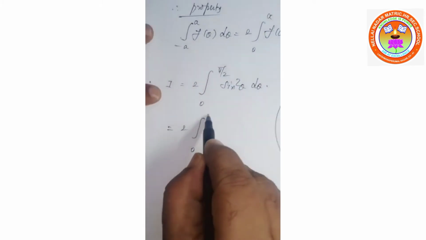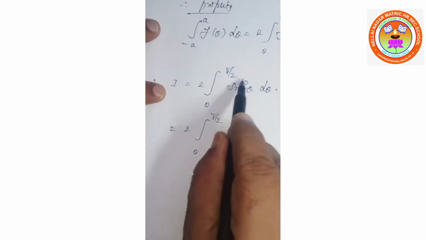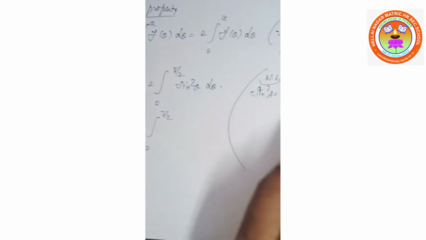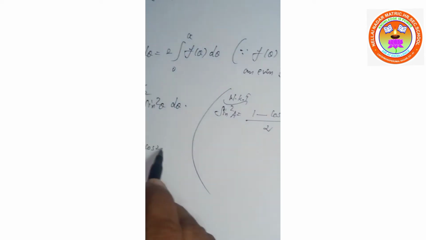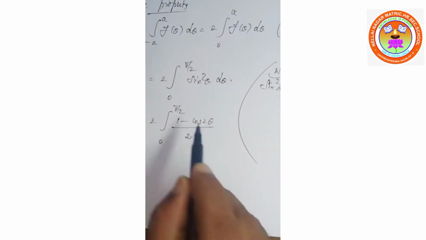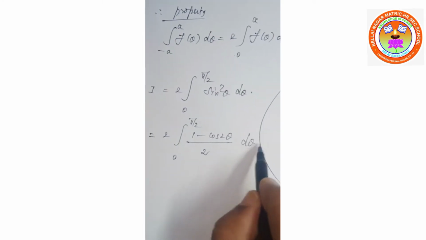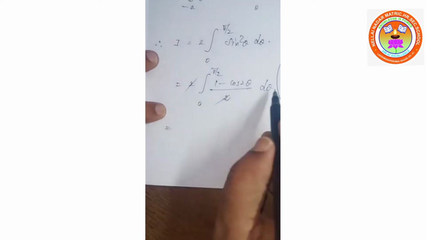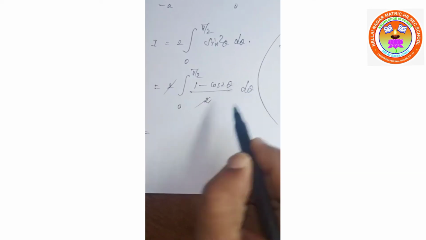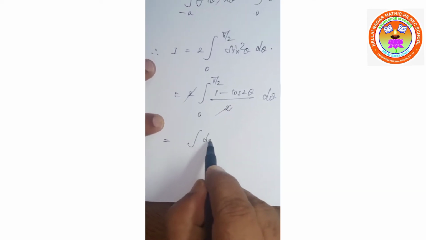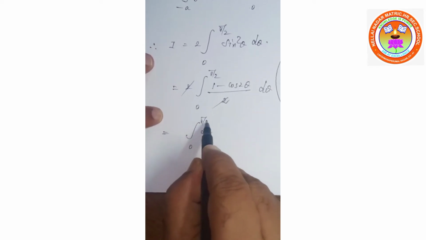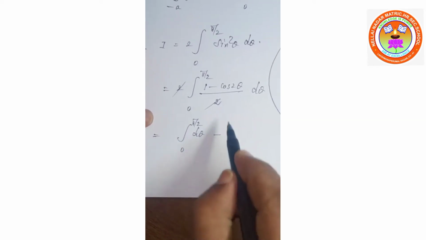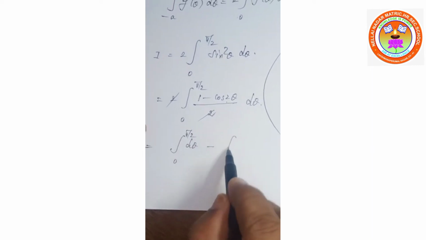Therefore, write 0 to pi by 2 as it is. Sine square theta can be replaced by 1 minus cos 2 theta whole divided by 2 into d theta. The 2 gets cancelled. So this can be separated as integral of 1 d theta, limit 0 to pi by 2, minus cos 2 theta d theta.